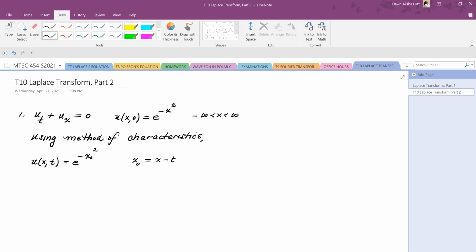So the solution turns out to be u(x, t) = e^(-(x-t)²).